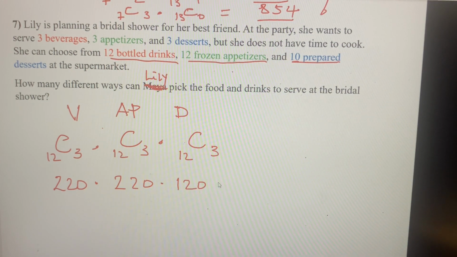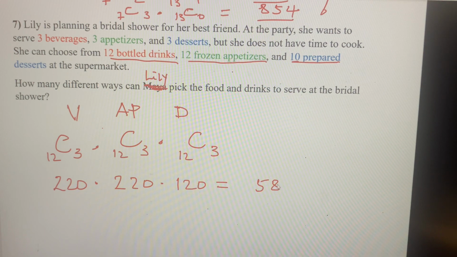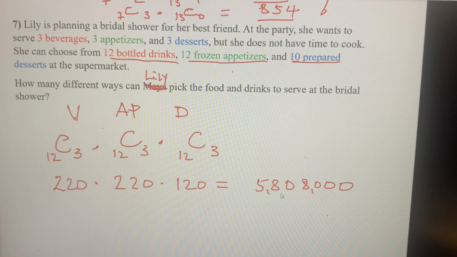If you multiply this using a calculator, you will get 5,808,000 ways she can pick the food and the drink: the dessert, the appetizer, and the drink.